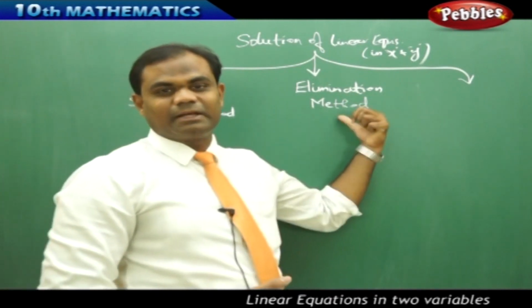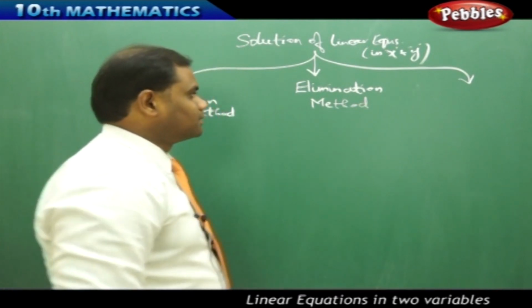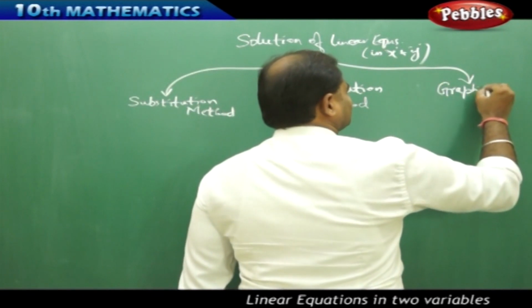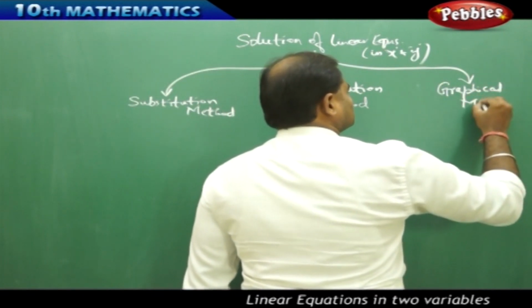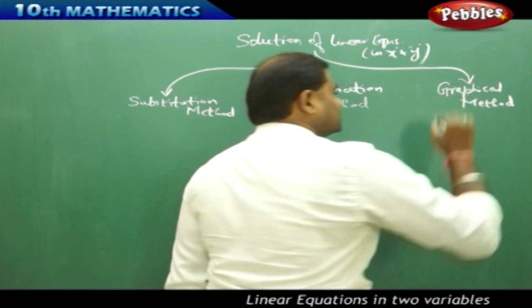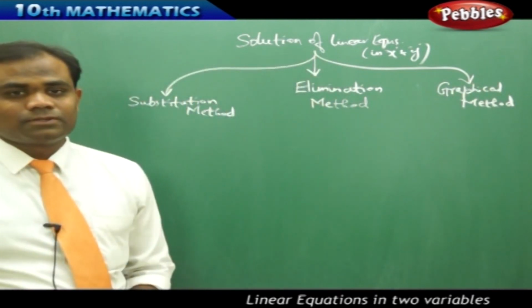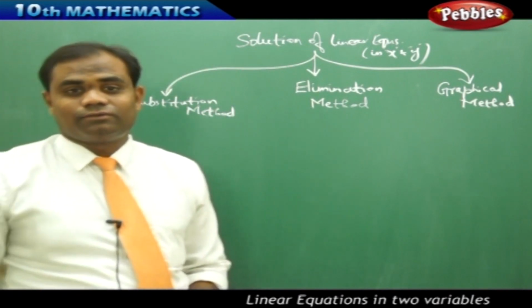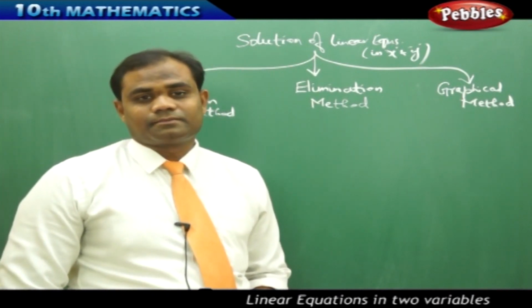The easiest method of all. Then finally, I have the graphical method through which I can find the solutions of linear equations. So these are the 3 methods which help us in finding the solutions of linear equations.